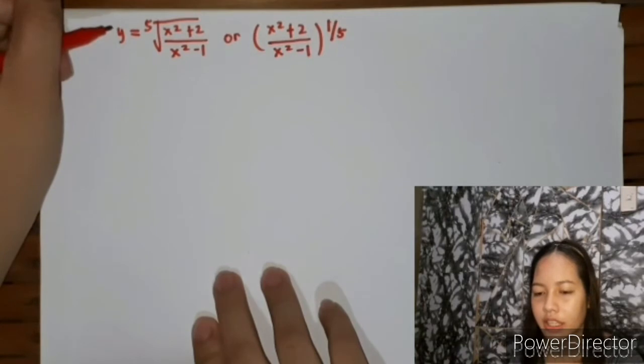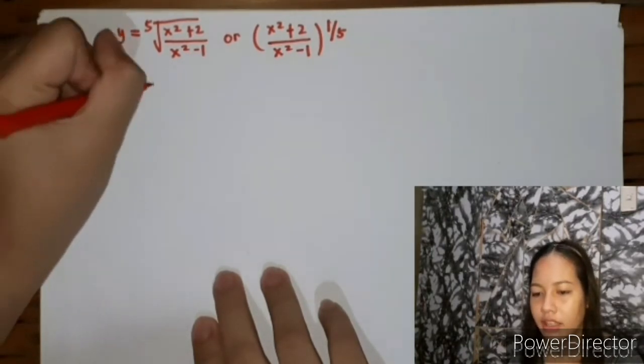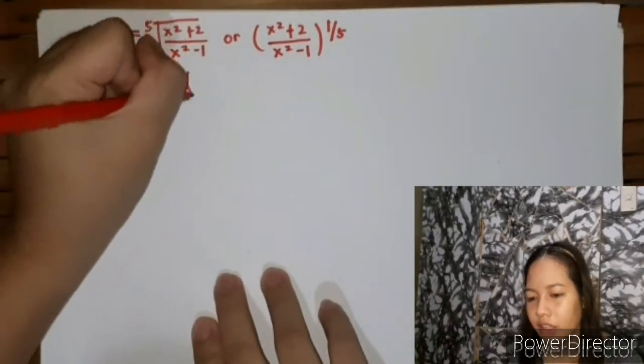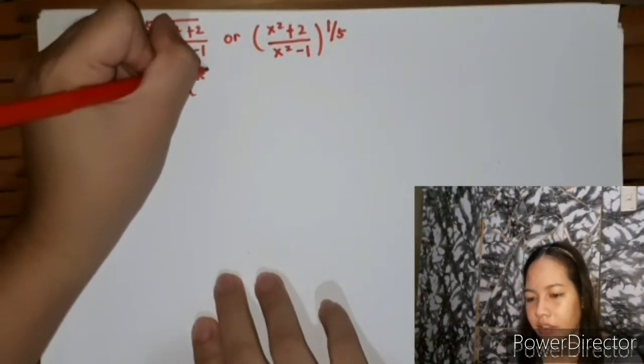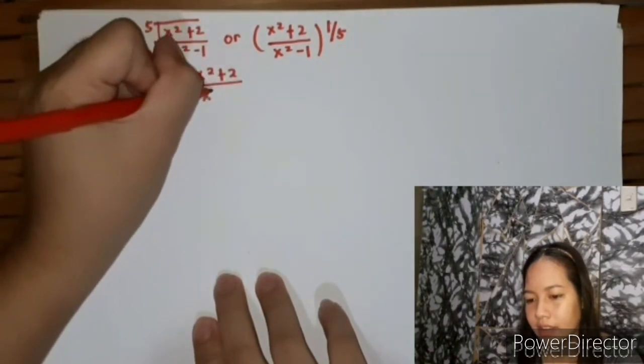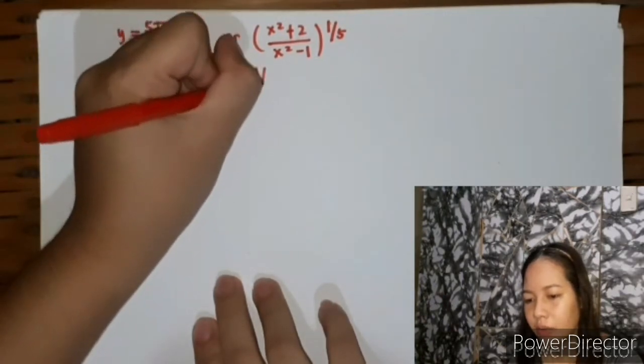First, we need to get the ln of both sides. It will become ln of y is equal to ln of x squared plus 2 all over x squared minus 1 raised to the power of 1 over 5.